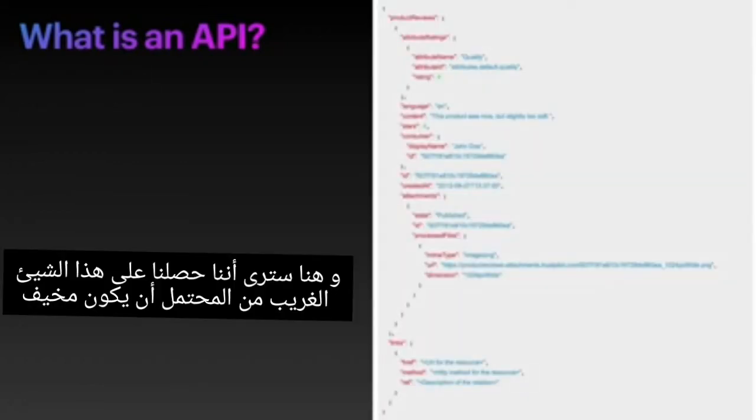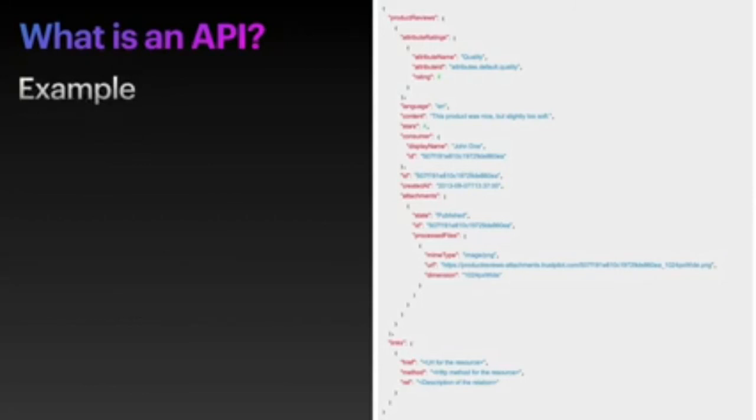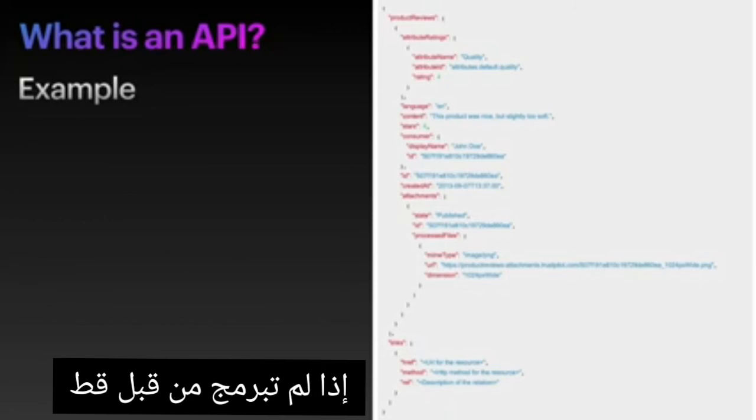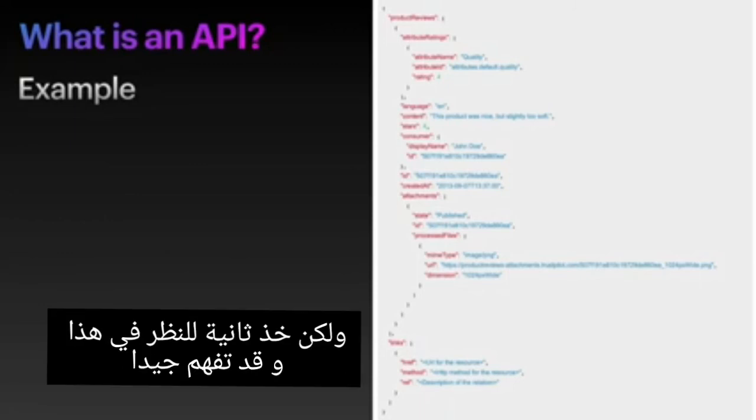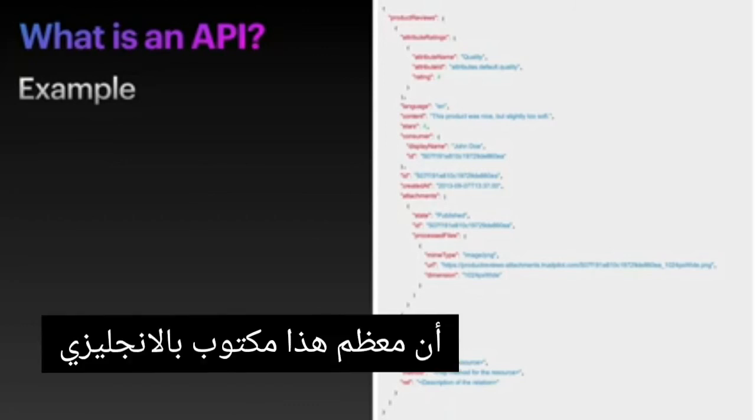And in here, you will see that we get this weird, potentially scary looking object if you have never programmed before. But take a second to look at this and you might realize that most of this is written in English, because it's human programmers that have to write these things.